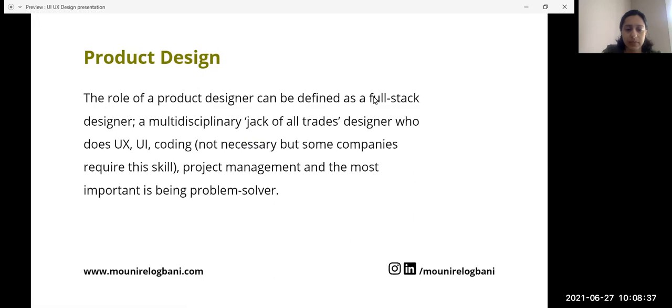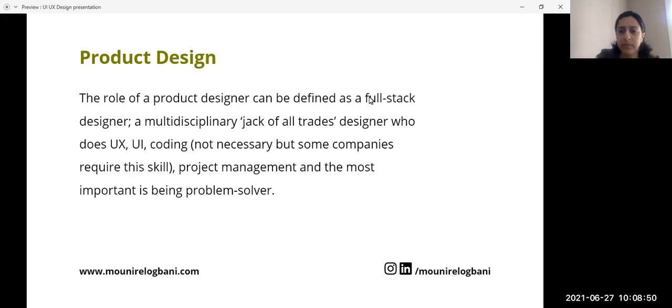As you know, product design, when you are a product designer, it is defined as a full stack designer, because you need to have many skills like UX, UI, coding, but not necessarily coding, but to have more information about HTML and CSS and JavaScript, how they work, especially HTML and CSS.